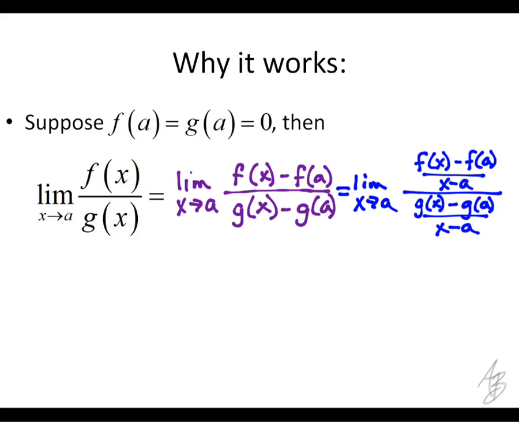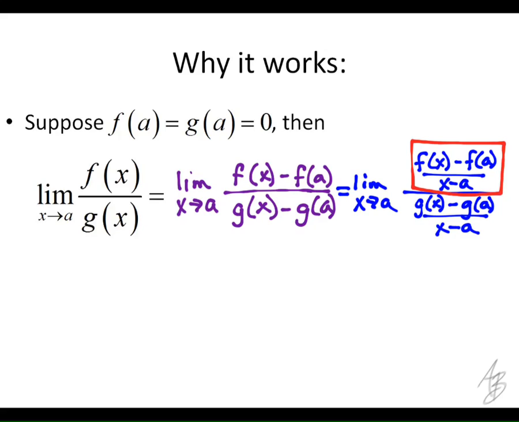Now let me ask this. Does this part right here of the quotient look familiar? So the limit as x approaches a of f of x minus f of a over x minus a is the numeric derivative of f at the point a. You guys remember that formula? Kinda, sorta.